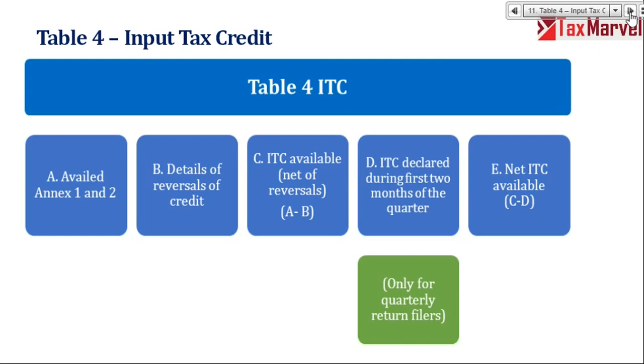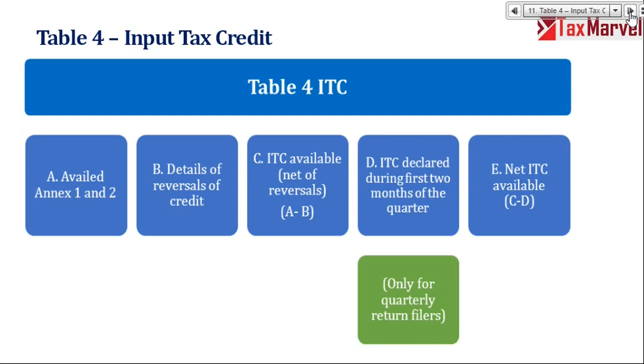Then ITC declared during 2 months of the quarter, it is for quarterly only, right? So ITC declared in 2 months means the quarterly filer will pay tax on monthly basis and claim ITC on monthly basis, but filing of return he will do only quarterly.